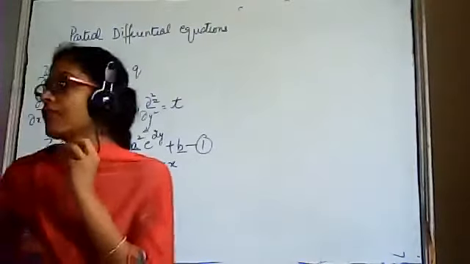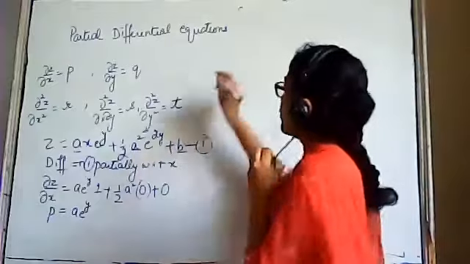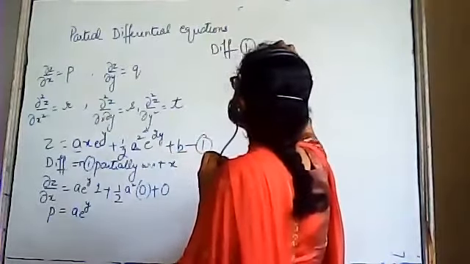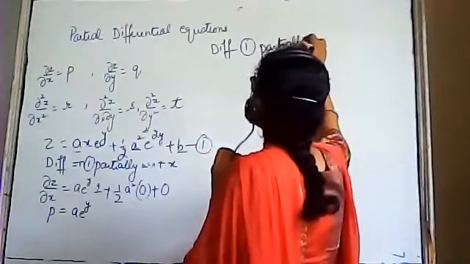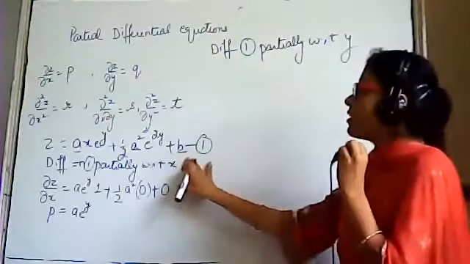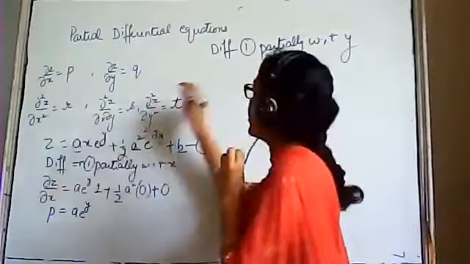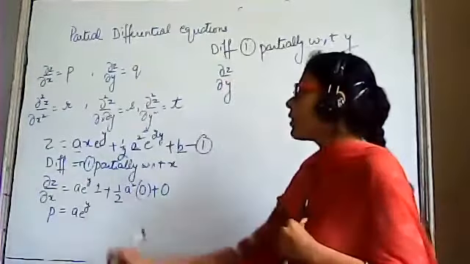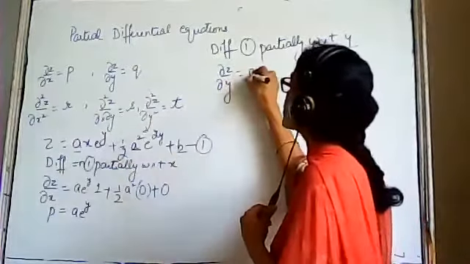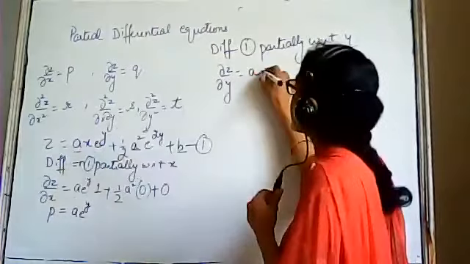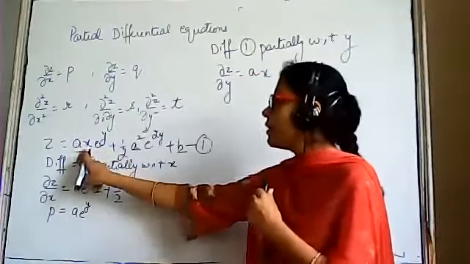After that, we are going to differentiate equation number 1 partially with respect to y. In the left hand side, we will have ∂z/∂y. a is constant, x is again constant, so it will remain as it is because it is in multiplication.